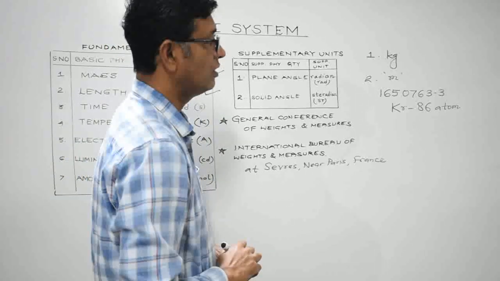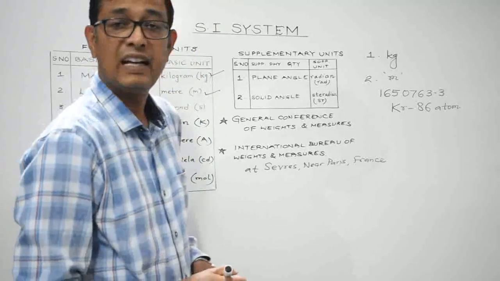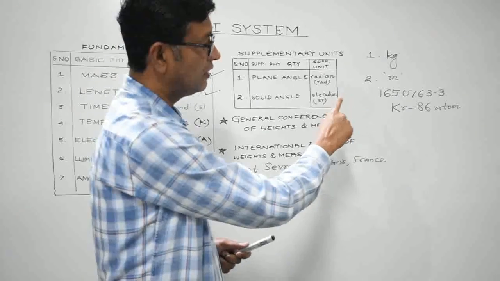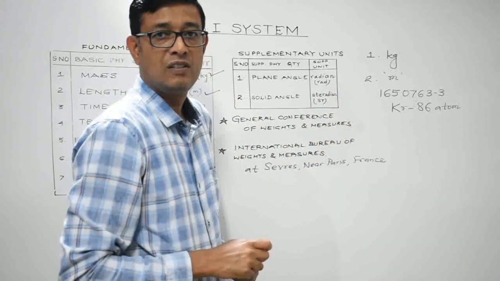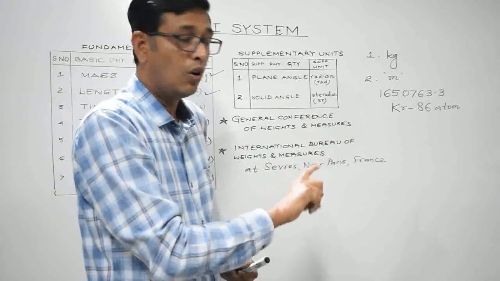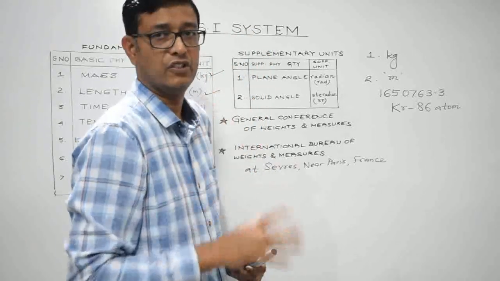So this definition of meter on atomic standards is defined as the distance occupied by 1650763.3 wavelengths in air or vacuum emitted by krypton 86 atom. So this is the definition, right?